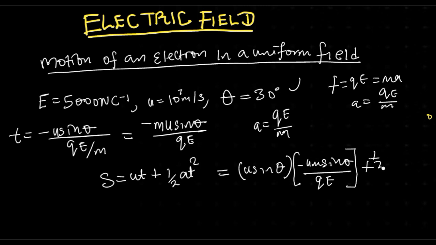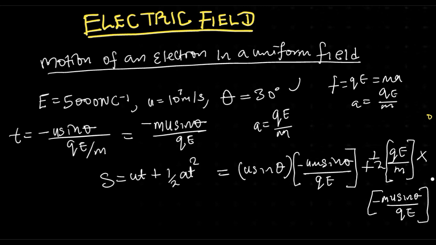Plus 1 over 2. What is our acceleration? Our acceleration is QE all over m, times multiplied by what? Multiplied by minus m u sine theta all over QE, all squared. Are we there now? Now let's simplify this.